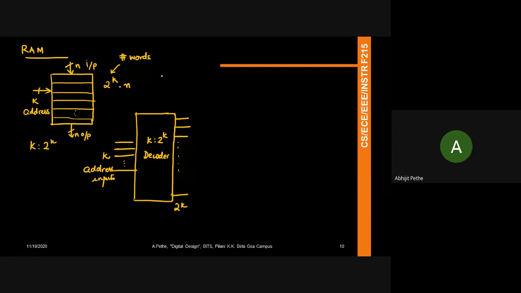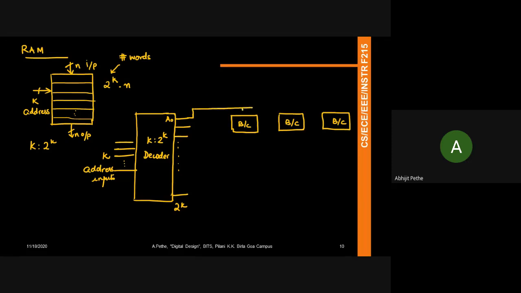If I want to design a memory with a 3-bit word, which means my word has to be 3 bit cells long, right? So these are my bit cells. Suppose this line is my A0, my first address.